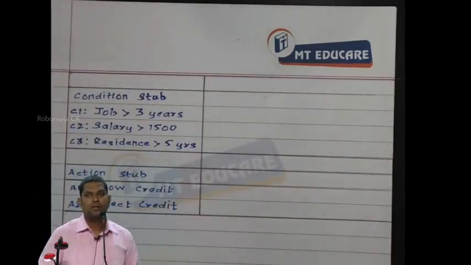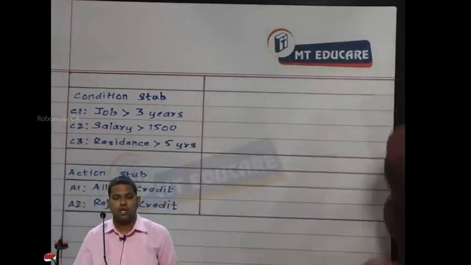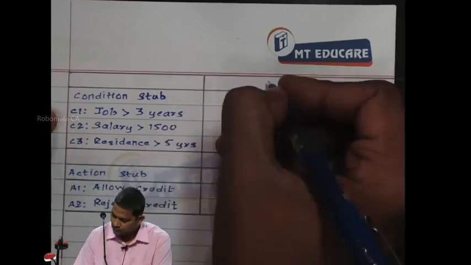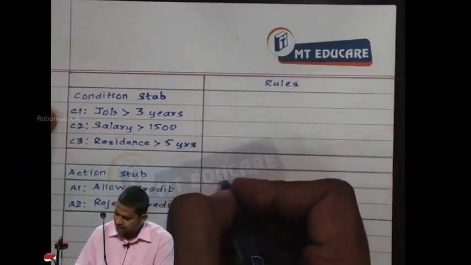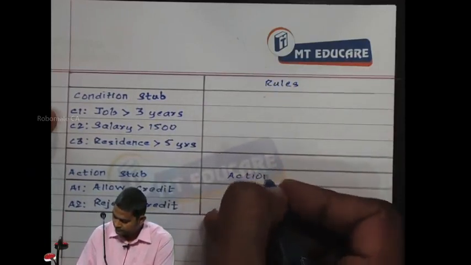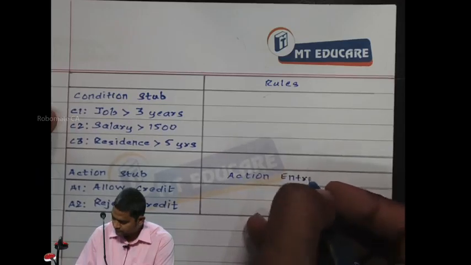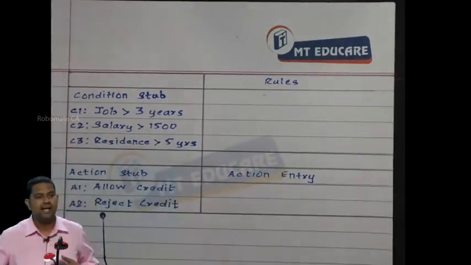Now, listen. On the right hand side, top right is rules, and this is action entry.